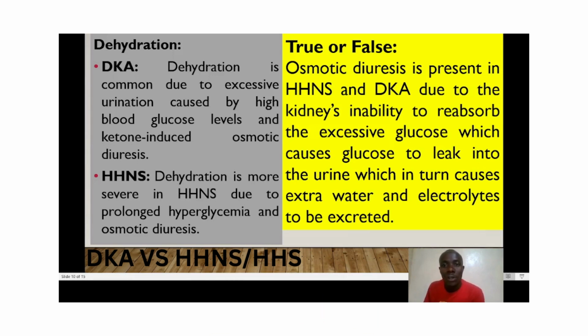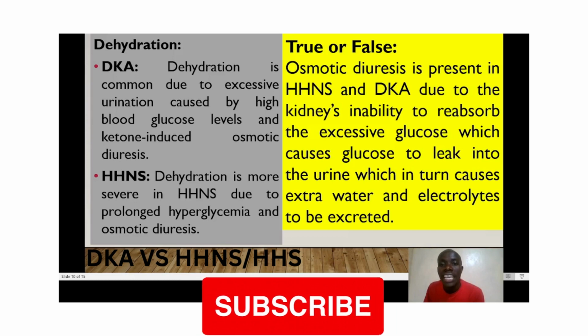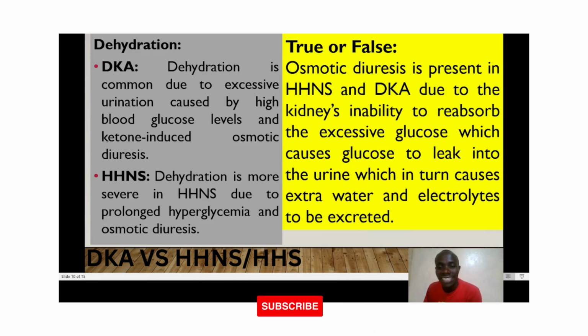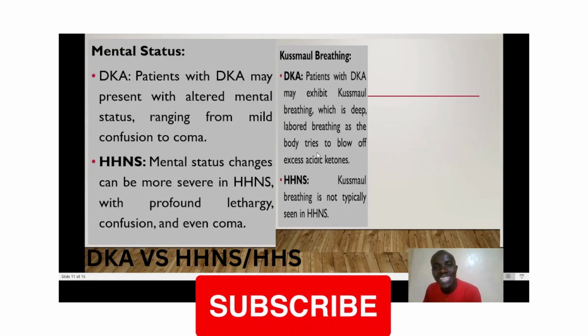Osmotic diuresis is present in HHNS and DKA due to the kidney's inability to absorb the excessive glucose, which causes glucose to leak into urine, which in turn causes extra water and electrolytes to be excreted. Guys, that was true, and I'm happy that most of you picked that one.